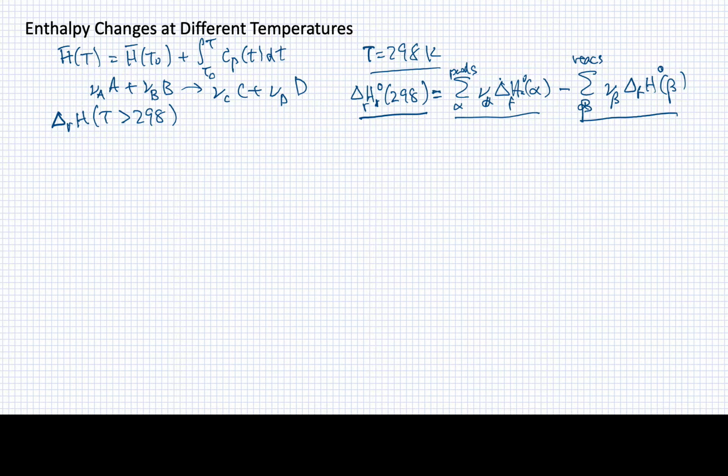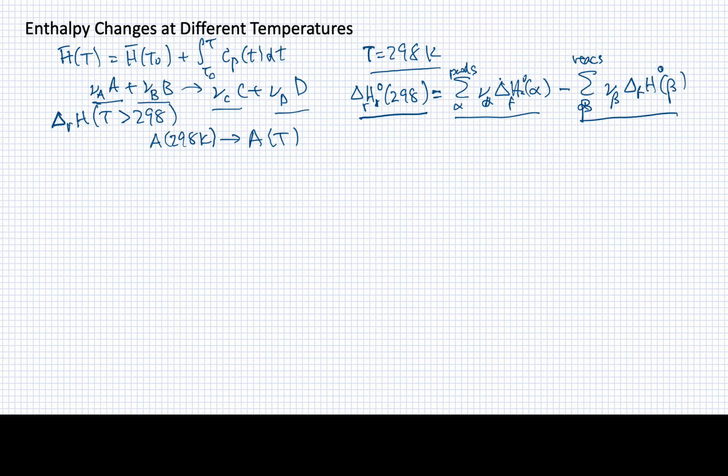So one way I can go about doing this is, what this implies is that all of these species are at that higher temperature. But what if I just wanted to take some sample of A and simply raise it from 298 Kelvin to A at some higher temperature T?